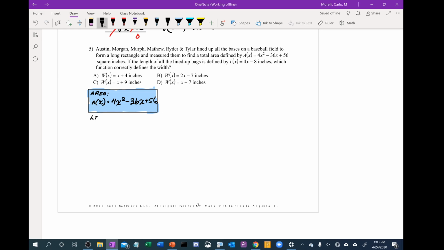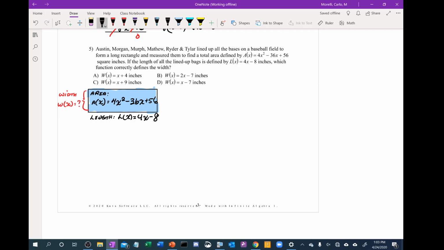And length is given by L of x equals 4x minus 8 inches. Okay, so the thing we don't know is the short side. We don't know the width. The width is given by w of x, but we don't know what it is.